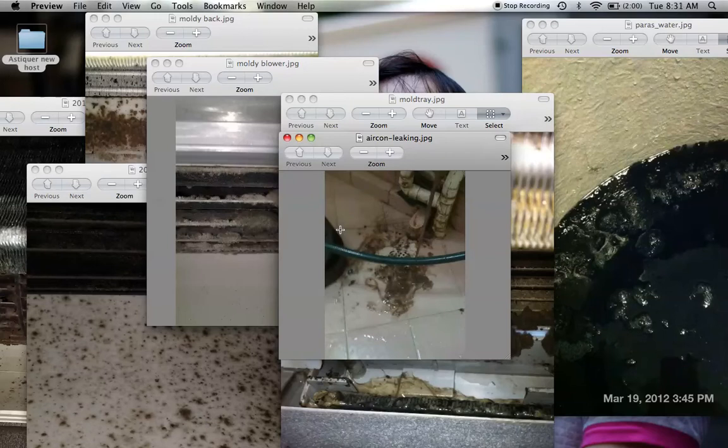Once this biofilm gets in contact with dust and oil particles, bacteria starts to multiply, and it may become more aggressive.